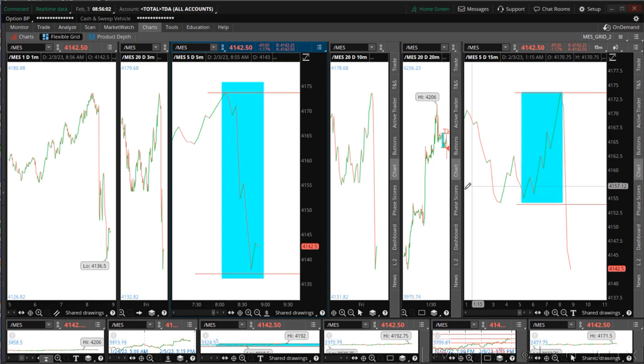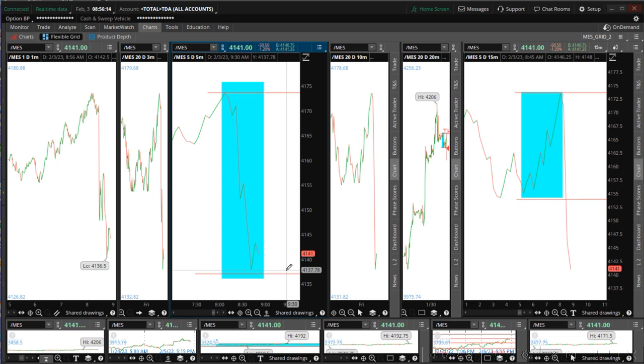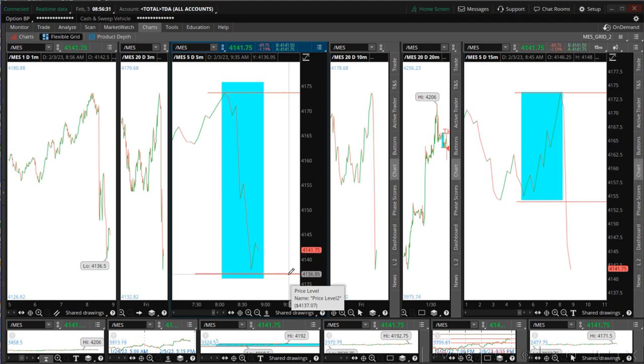Now, going back to the 5-minute time frame, we had that little bounce that we caught. The bottom of that fractal is at 41.37 or so. Now, if you want to just do a scalp or a day trade, you could go short there, say at 41.37, and you're hoping that the market is going to continue to go down, but at the same time, you're going to do a buy stop in case the market decides to go back up again.